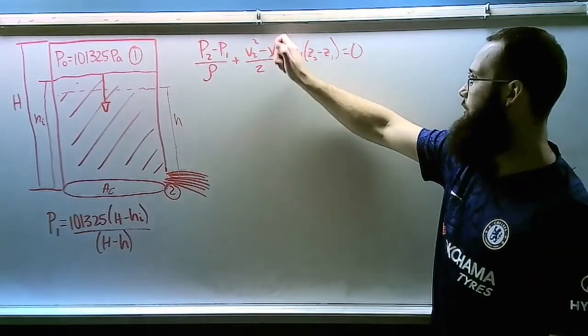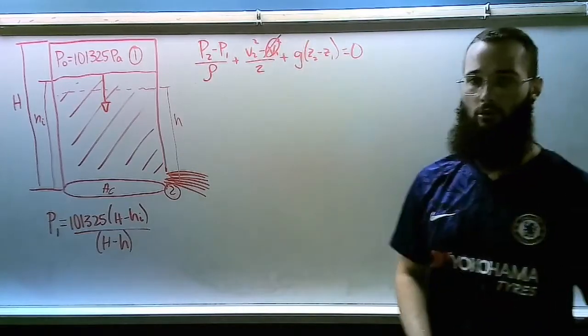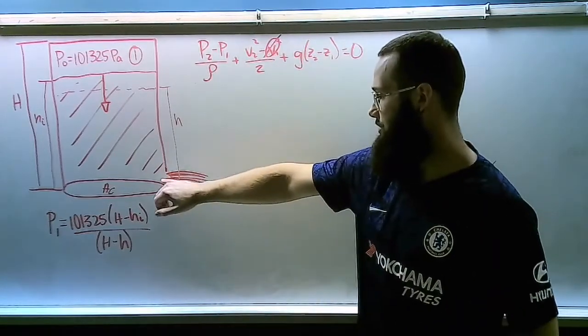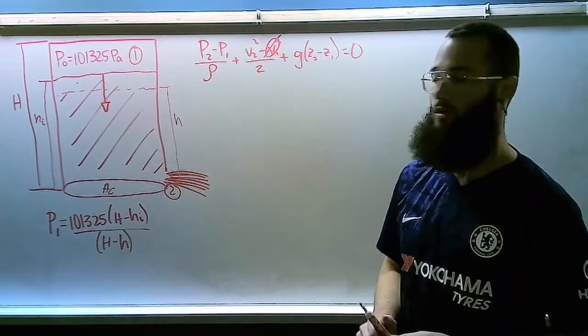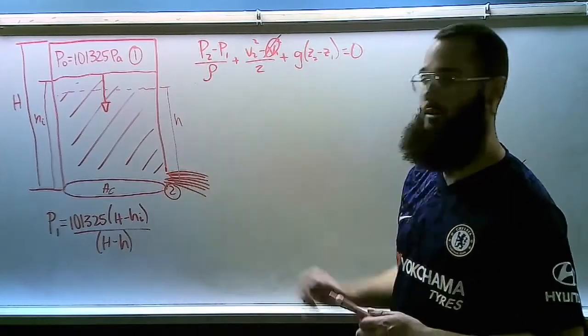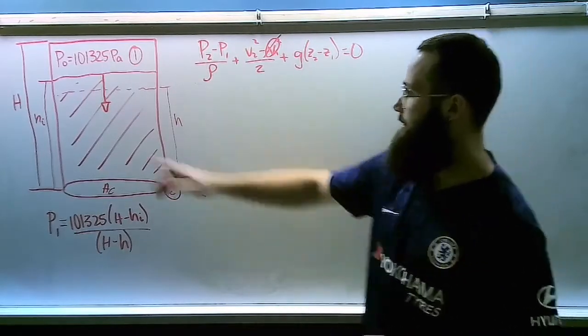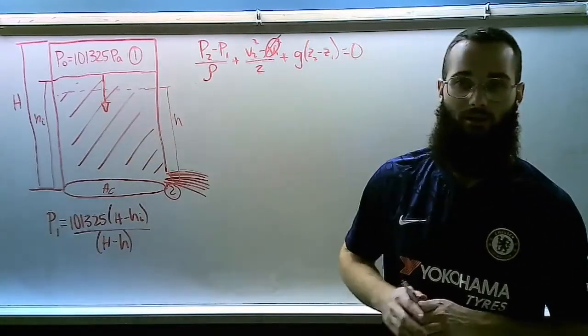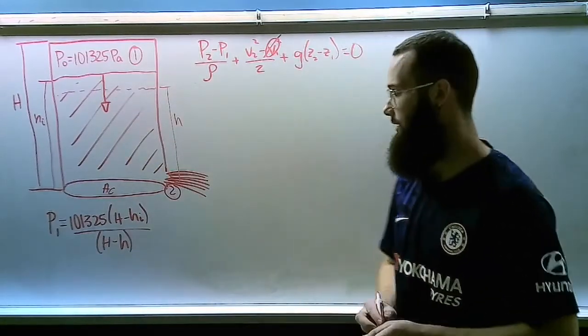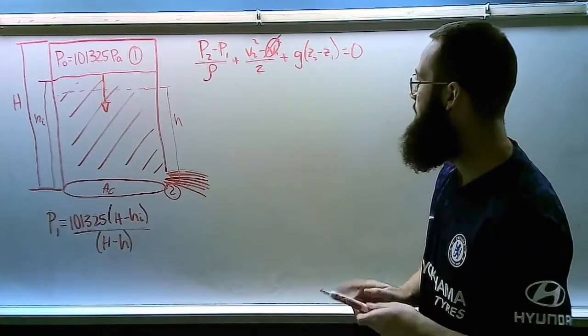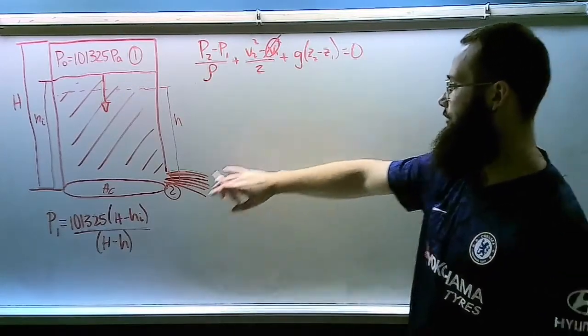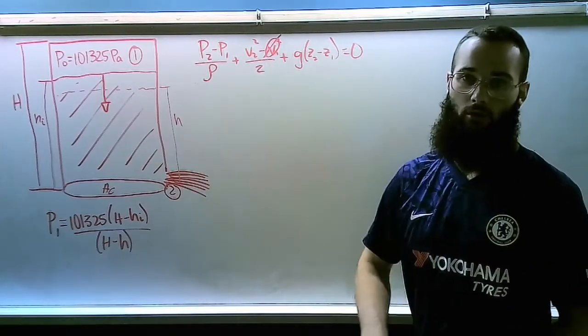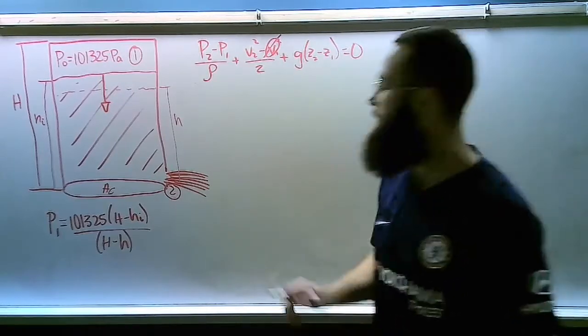And we know that V1 is going to be approximately 0 because this cross-sectional area down here is so small that the velocity as it exits is going to be very high. And because this cross-sectional area of the fluid level is so high, the velocity is going to be very low to compensate for the volumetric flow rate. So comparatively to V2, V1 is going to be very small, especially when you square it.